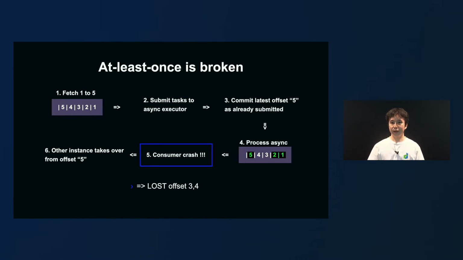So here offsets 1, 2, and 5 are completed, but not 3 and 4, and unluckily say that the consumer crashes at this point. Another instance takes over from offset 5. So in this example, offset 3 and 4 processing would be lost.